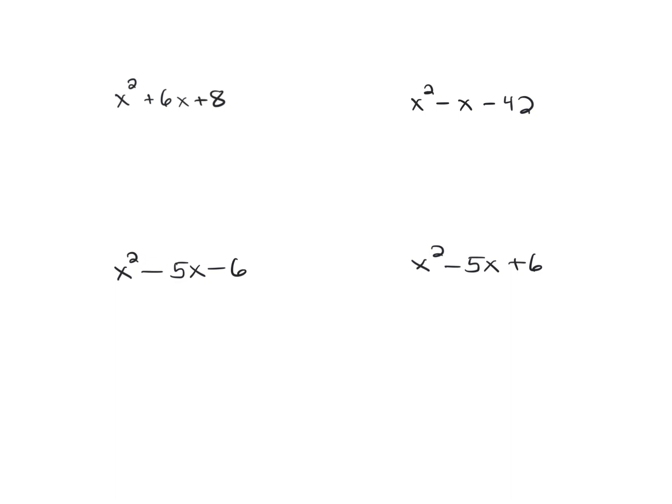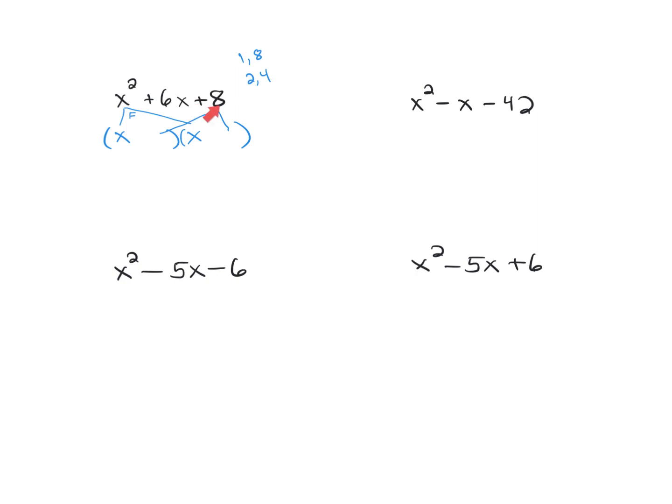So for this first one, I put my parentheses down, and I know it's got to be x and x, because this is the F of FOIL. This is the L of FOIL, but I have choices. It might be a 1 and an 8 or 2 times 4. I do know that they're both going to be positive because the O and the I are giving me a positive 6x.